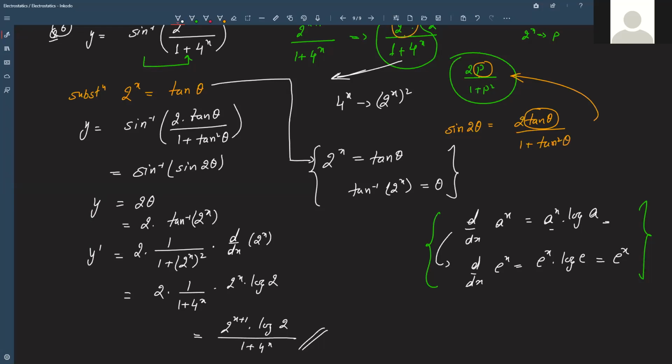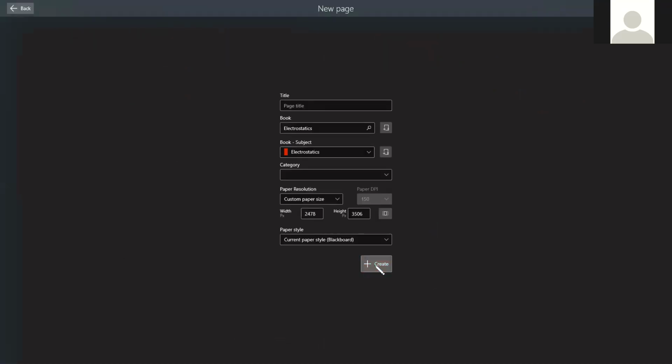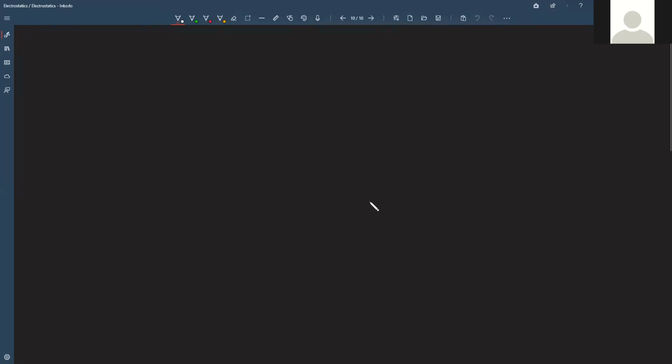Right? Let's solve one more question now. Now here we have function f x is equals to sin x to the power sin x. And we have to find differentiation of this function f of x.